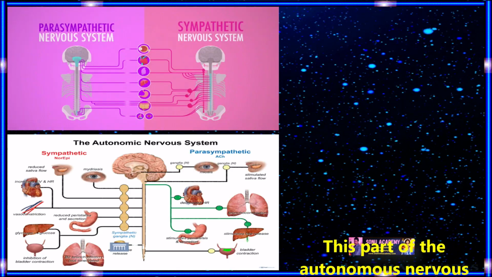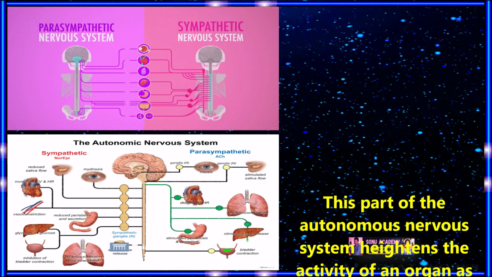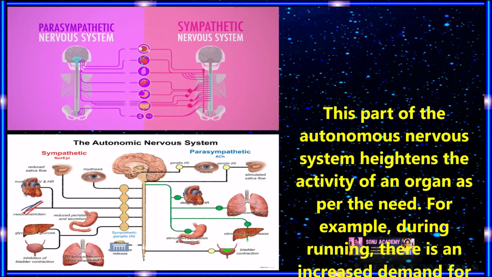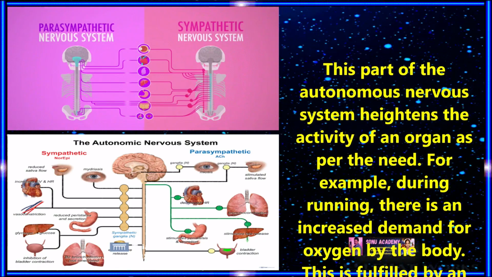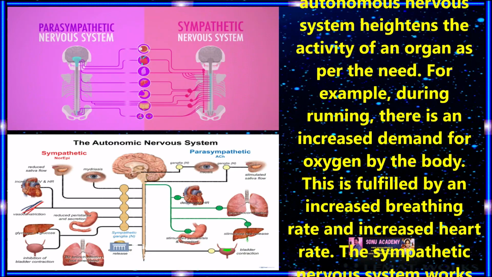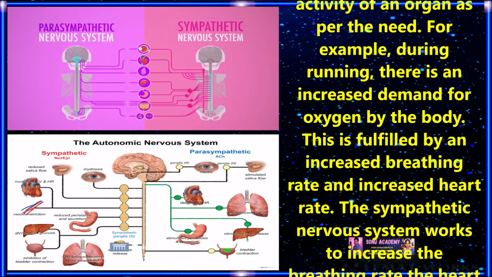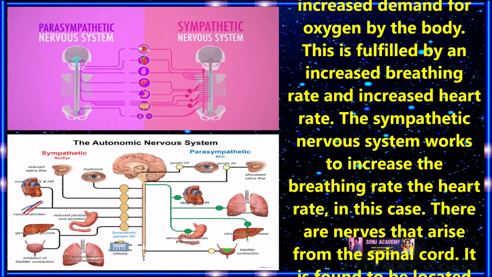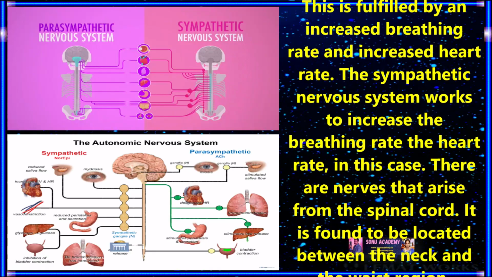Sympathetic nerve system. This part of the autonomic nerve system heightens the activity of an organ as per the need. For example, during running there is an increased demand of oxygen by the body. This is fulfilled by an increased breathing rate and increased heart rate. The sympathetic nerve system works to increase the breathing rate and heart rate.